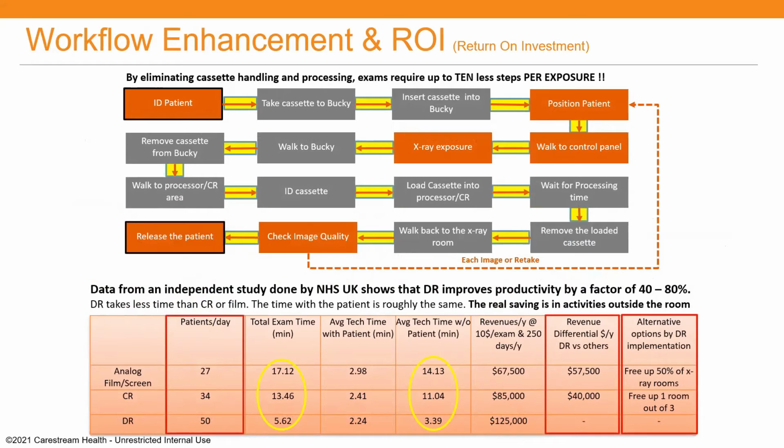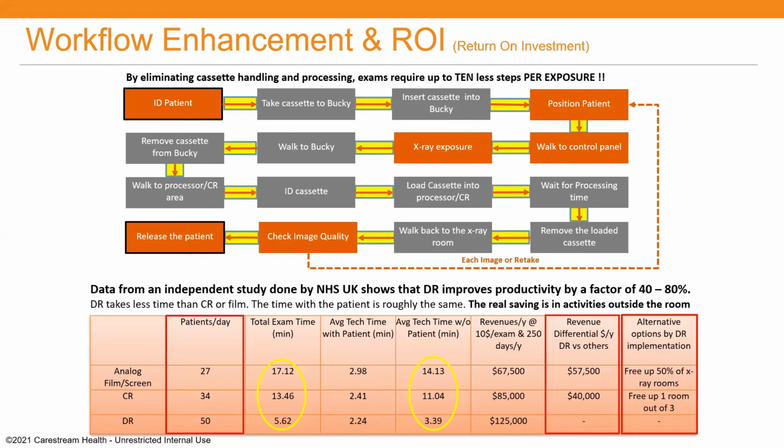So there are a lot of steps that are removed, and things can go on quickly. Because of this, you have a significant improvement, and this translates into more efficiency in your environment. So what does it mean when this translates into more efficiency?